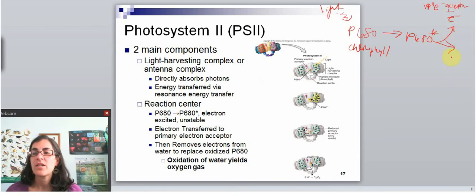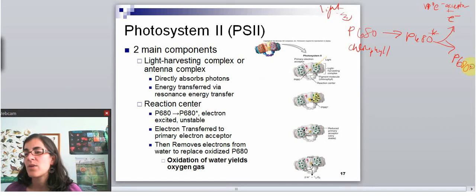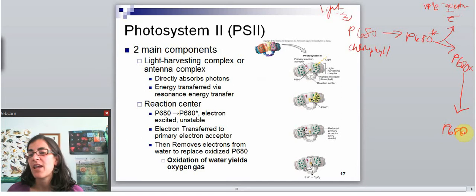So remember, that's a redox reaction. Keep seeing those. So now P680 is missing an electron, so we give it a positive sign to show that it's missing the electron. P680 is not going to be able to stay like this, so I'm going to just curve down here. It needs to get back to its original state. So in order to get back to its original state, or really I could draw my arrow like this, right, to get it back to its original state.